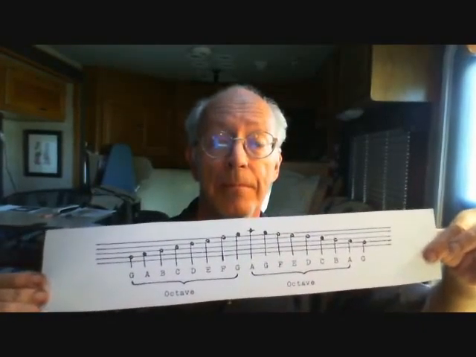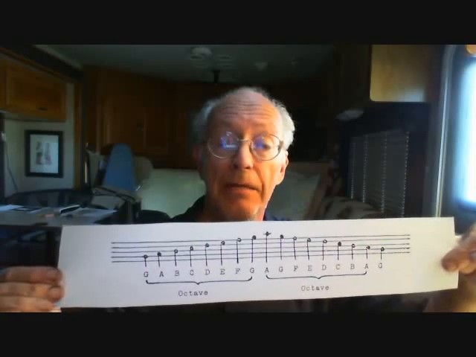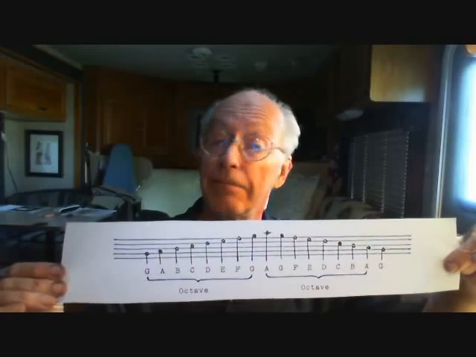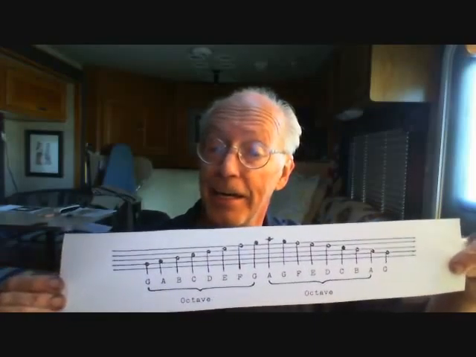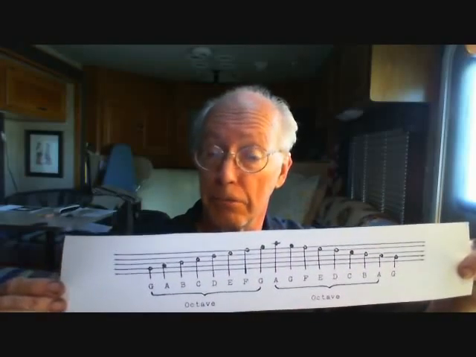Notes are used to write music on paper. Each note has a name after one of the first 7 letters of the alphabet. So as you can see, there's a low G, low A, B, C, D, E, F, a high G, and a high A. Now the notes, as you can see, can be through the lines.